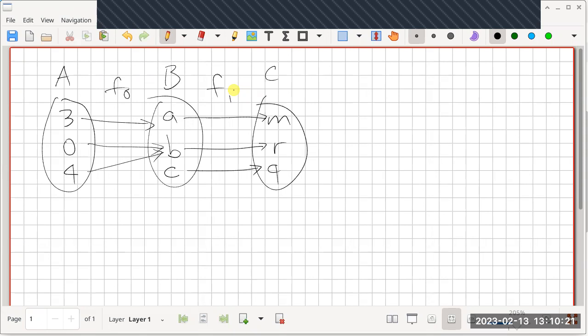But 4 is the tricky one because 4 also maps to B, B maps to R the same way as 0. So 4 also maps to R in F2. Is that okay? Yep. So this is a more graphical way to look at the mapping between the functions.